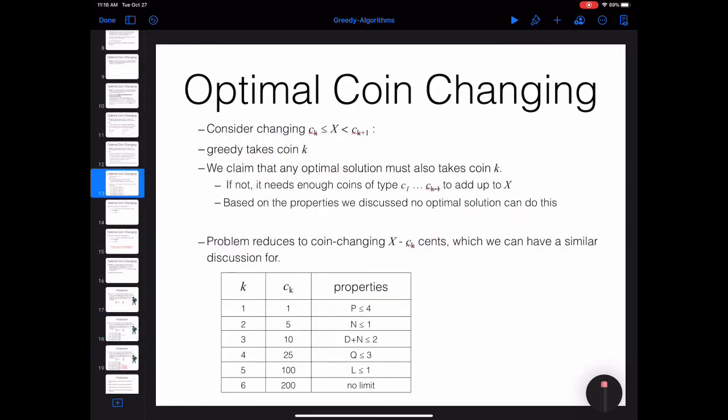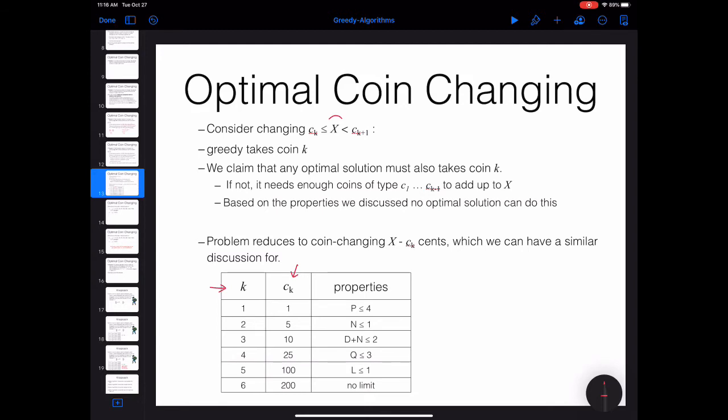So now I want to write the complete proof. Assume I'm going to change the amount x, which lies between some coins that I have in my system. I have given an index k to all the coins, and ck shows the value of that coin, and the amount that you are going to change is just between 2 of these coins.